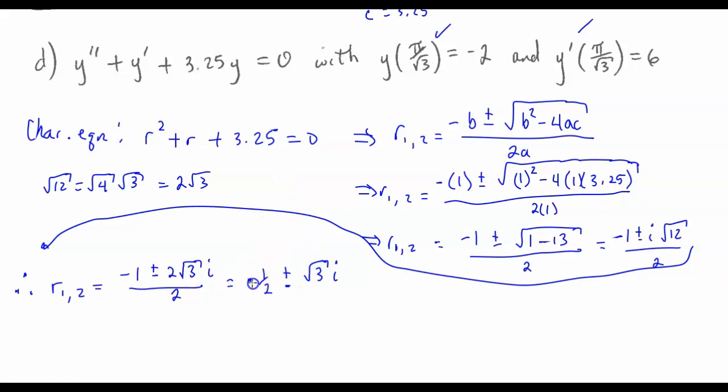And so I'm doing it this way so that we can have a distinct lambda and omega. So this implies here that our lambda is going to be minus 1/2. And our omega, or w here, is going to be the square root of 3.